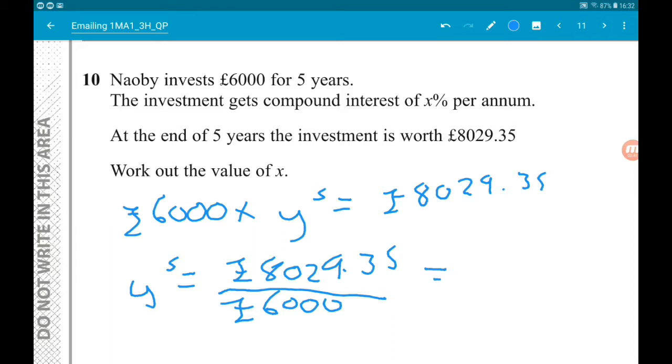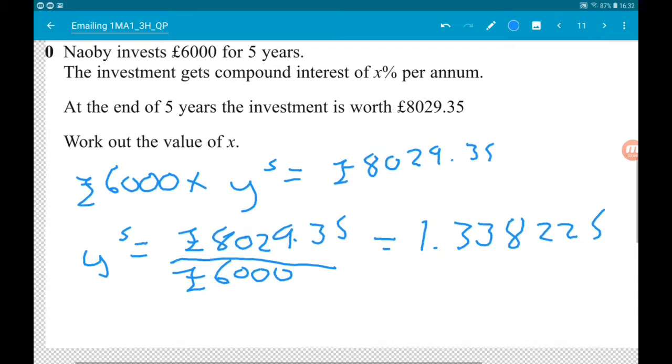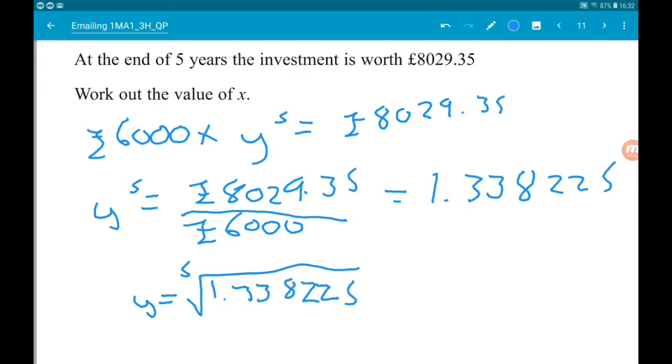Now that gives us 1.338225. So Y then is the 5th root of that. Which gives us 1.06.